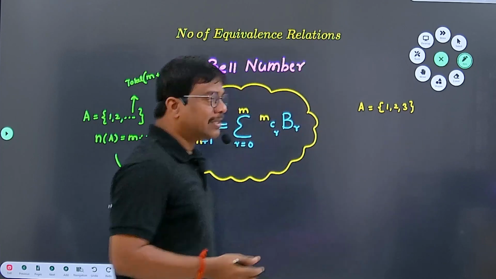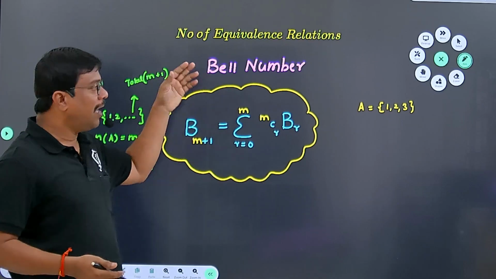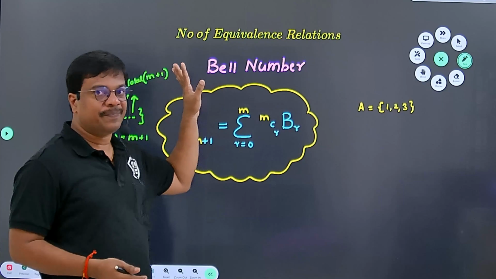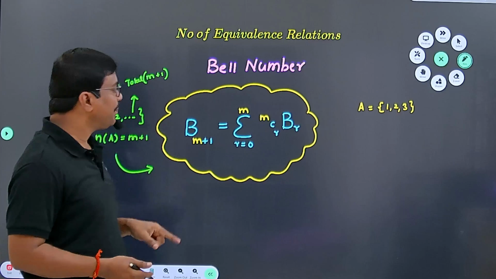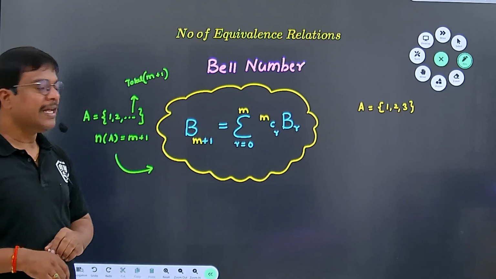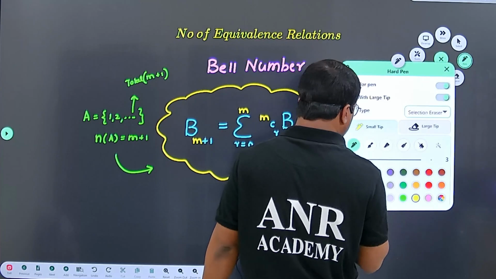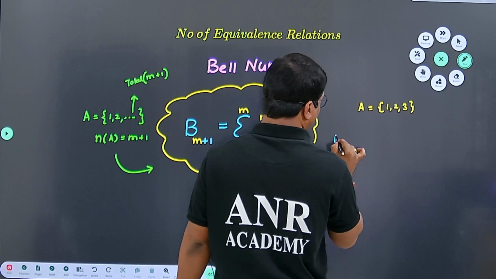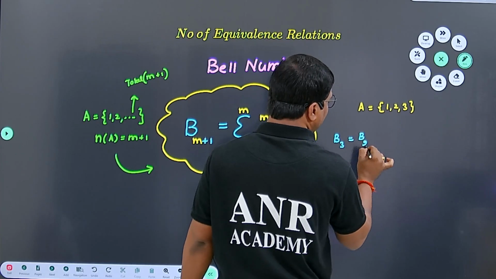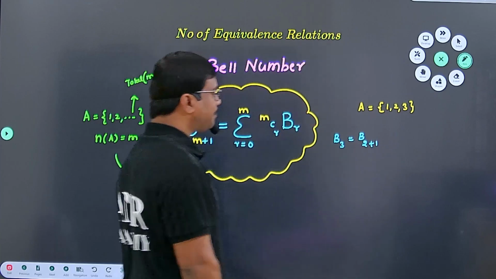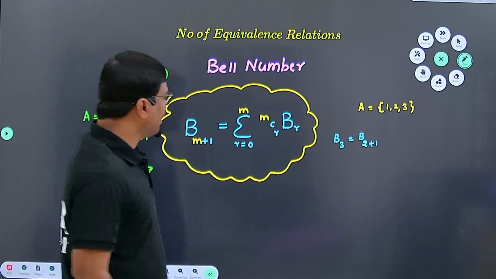Then let us discuss the number of equivalence relations from A to A, which are Bell numbers. That indicates the value of Bell number B3. A having 3 entries, I can write it as B3, and B3 is written as B of 2 plus 1.